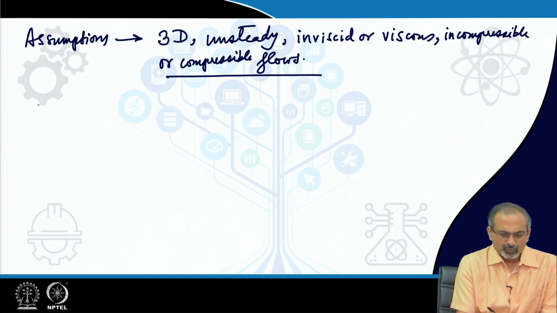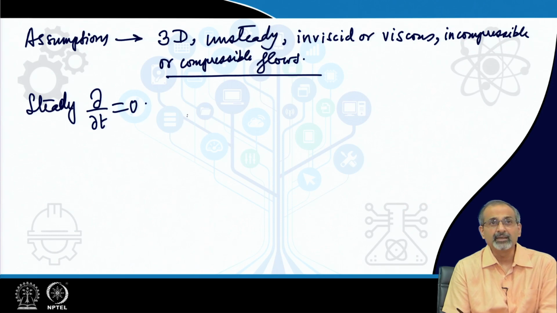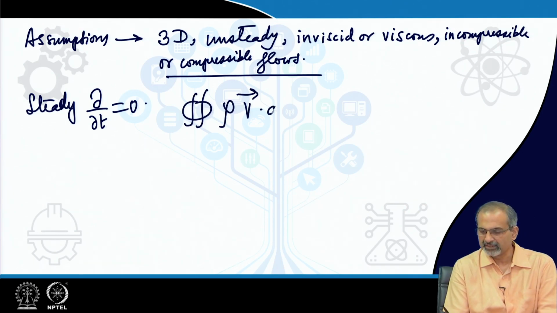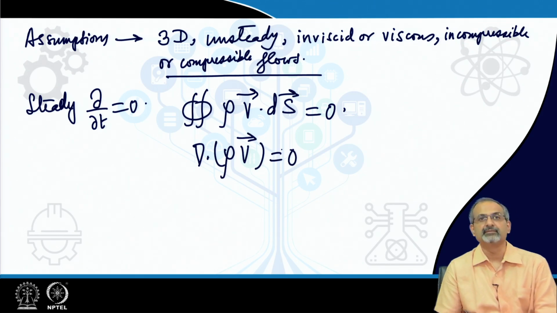Now, if you make one simplification that the flow is steady, then what happens is the time derivative goes to 0, and then there will be a simplification in the equation. If you are writing it in an integral form, it will become like this. If you are writing it in a differential form, it will be like this.